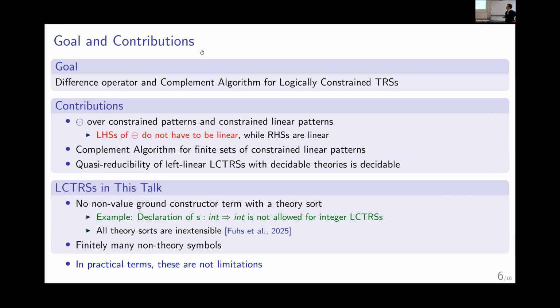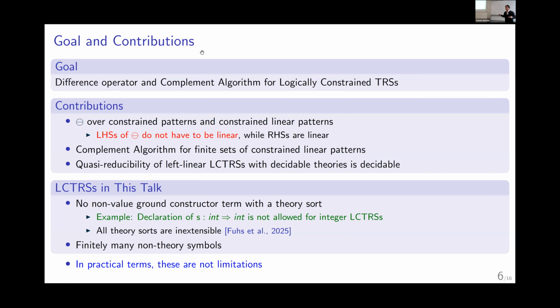And our work doesn't work for all LCTRSs. The LCTRS in this talk is assumed to have these two properties. The first one is that there is no non-value ground constructor term with a theory sort. That means we can't declare a user-defined constructor with a theory sort.